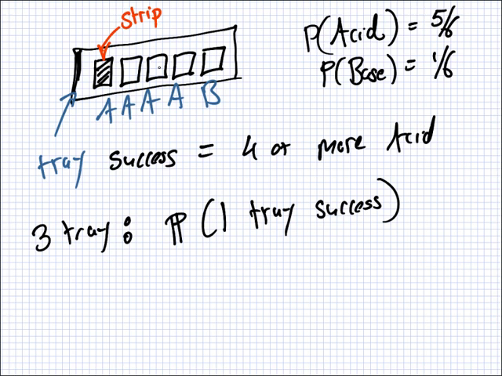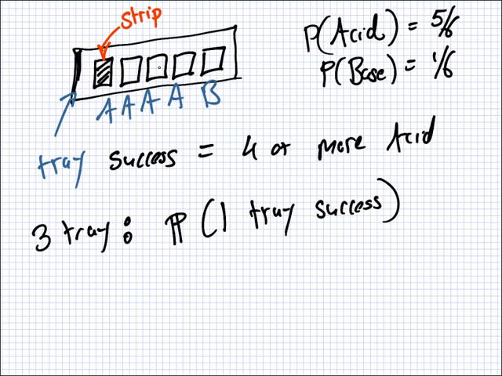Okay, so you're saying that the success is the 1/6, the base, yeah? No, the acid. I said a tray is successful if at least 4 of the strips turn into acid when you test them. That is what makes a tray successful.